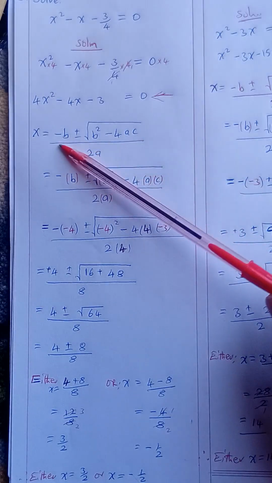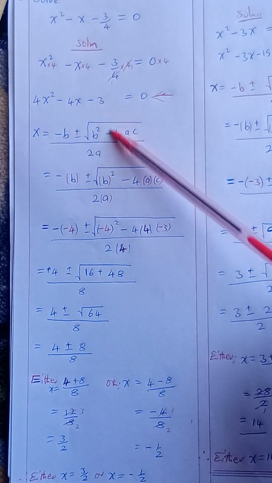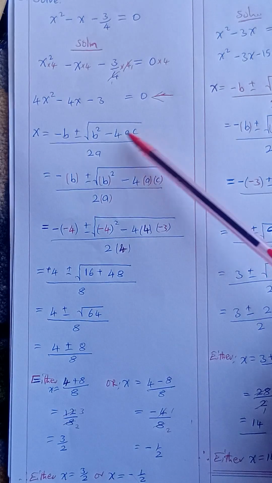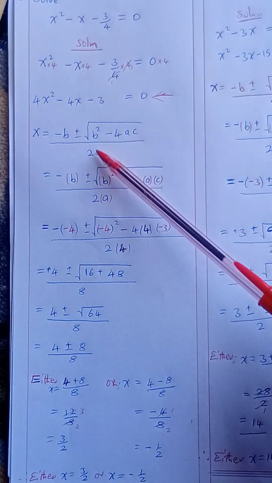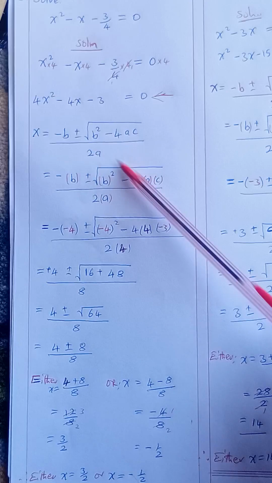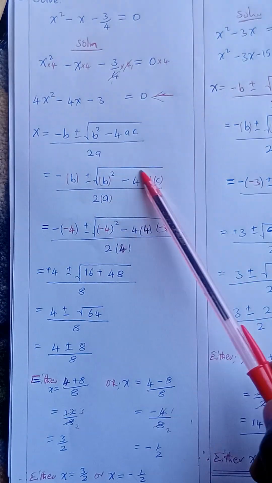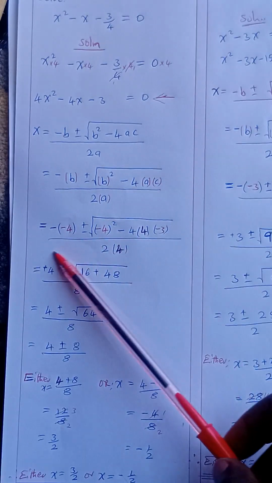Here we have x is equal to negative b plus or minus square root of b squared minus 4AC, everything out of 2a here. So in this case, in the next step, we are going to put the bracket to cover each and every letter here. And that is what we have done here in the next step before we start substituting. Now, let us start substituting.